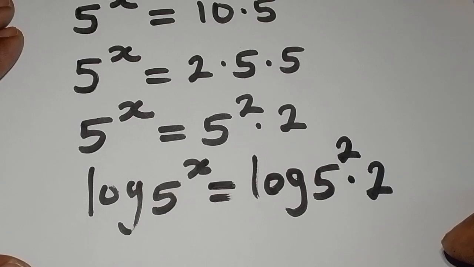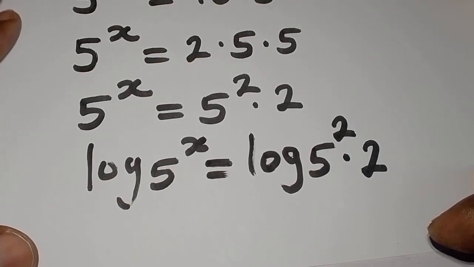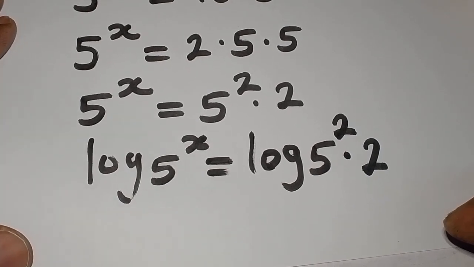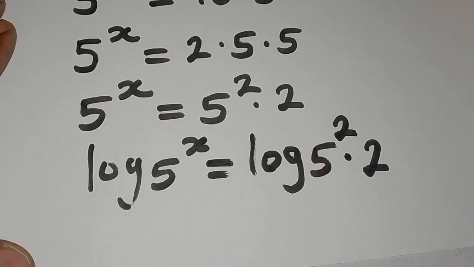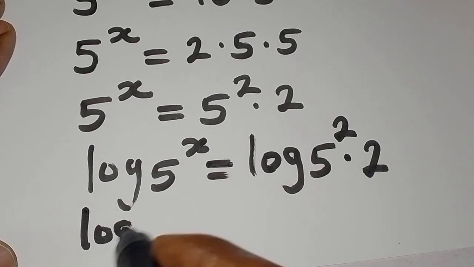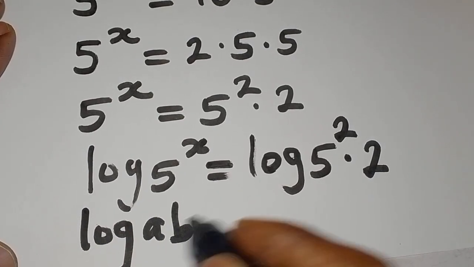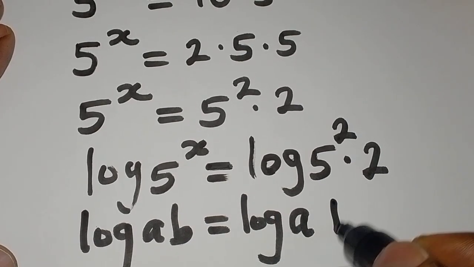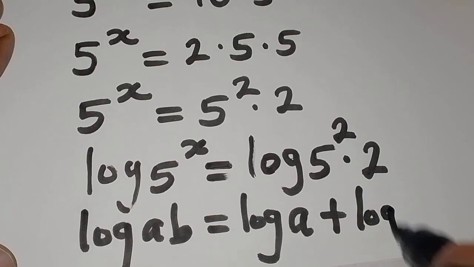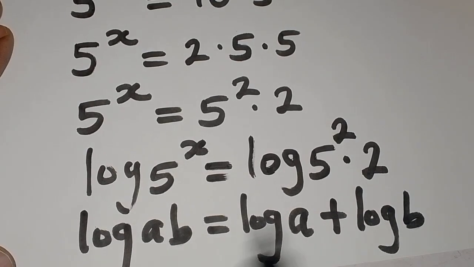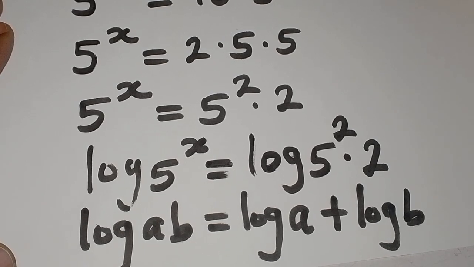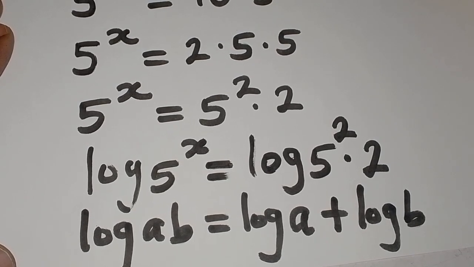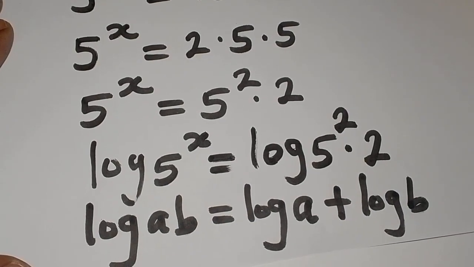So at this point, we will talk about a couple of laws of logarithm. The first law we'll talk about is the law that says log AB can be written as log A plus log B. Because of the multiplication between them, this can be written as log A plus log B. Now let's continue from here.